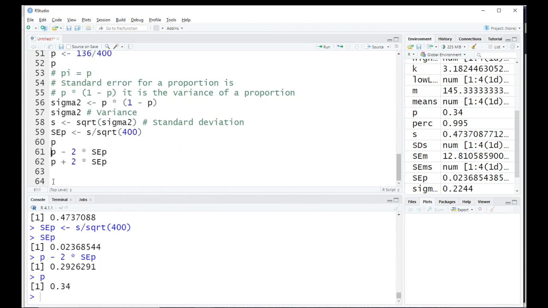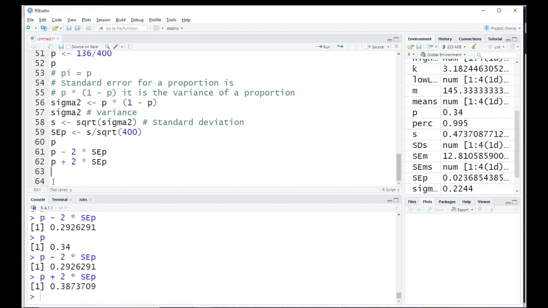We can say that such a proportion goes from 29% to 39%. Okay, and there is 95% probability that we really get the true population proportion within this interval.